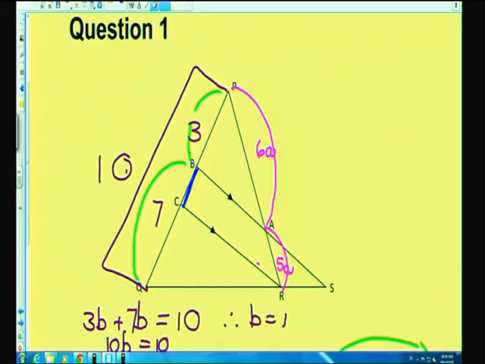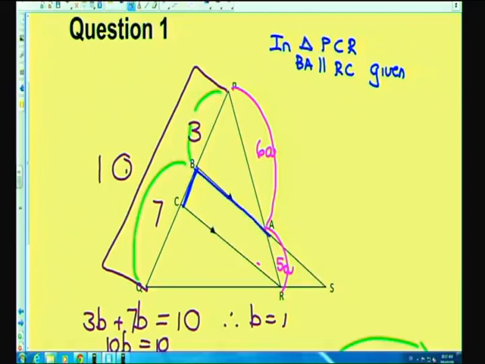Now I would suggest this is how you set it out. So we would say, in triangle PCR, we know that BA is parallel to RC. It was given. Okay, so we know that this line is parallel to that line. Remembering we're trying to find this one over here. I'm going to put a question mark on it.